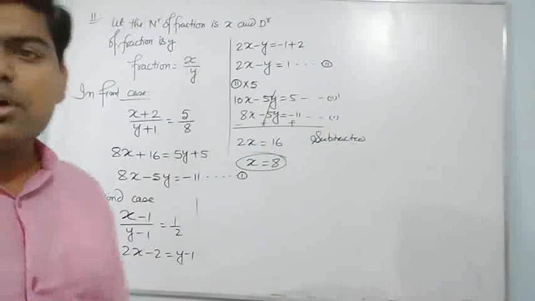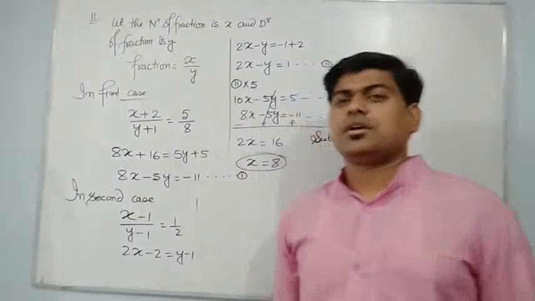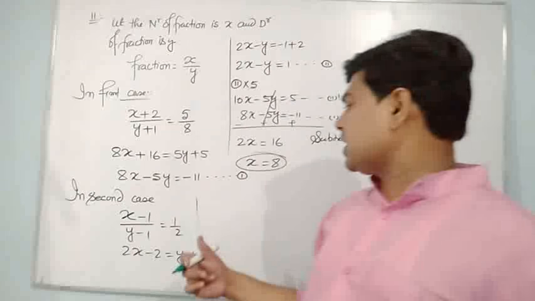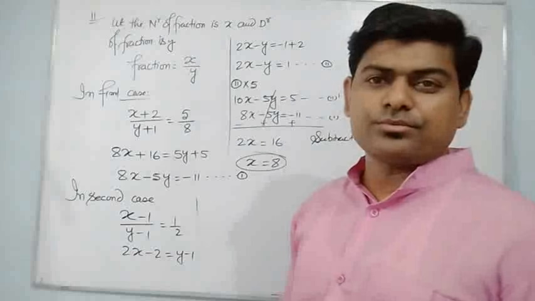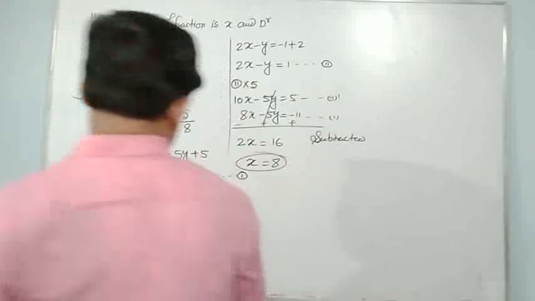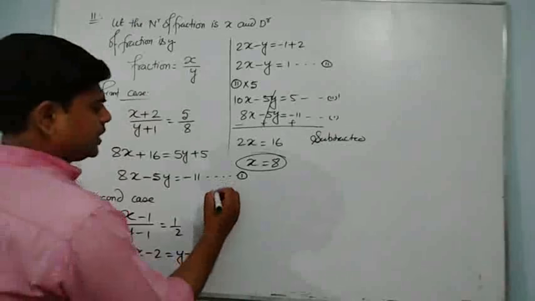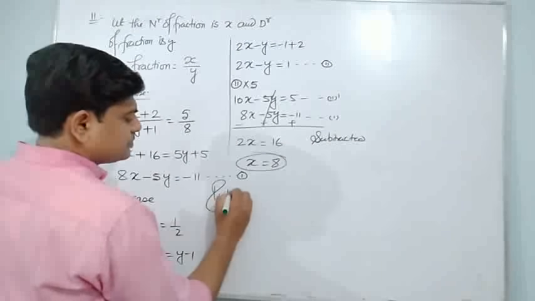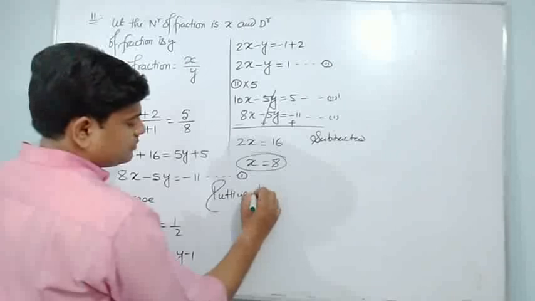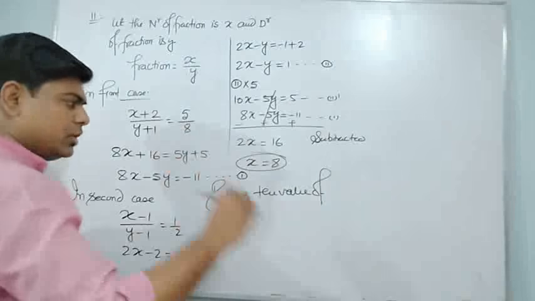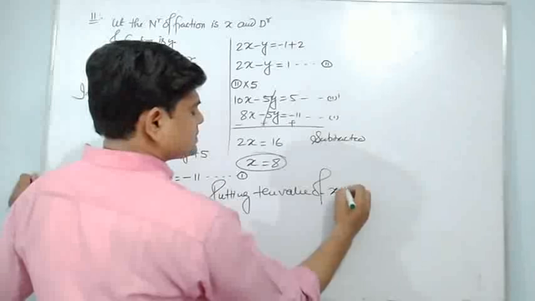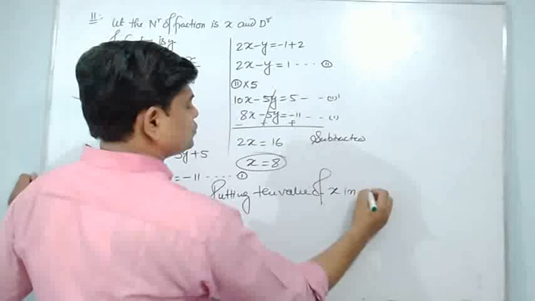And this value of x we have to substitute in either 1 or 2 to find the value of y. So what can I write here? Putting the value of x in 2.